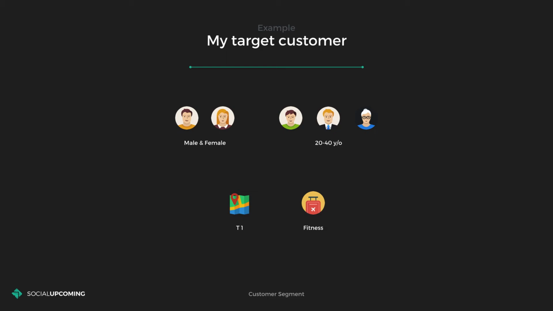So what I want you to do now is map out your target customer after these 4 categories: gender, age, location, and interest. And I want you to create a 3-level deep overview. So gender, of course, isn't that hard.